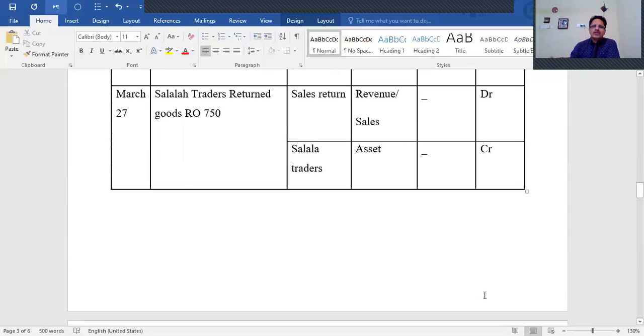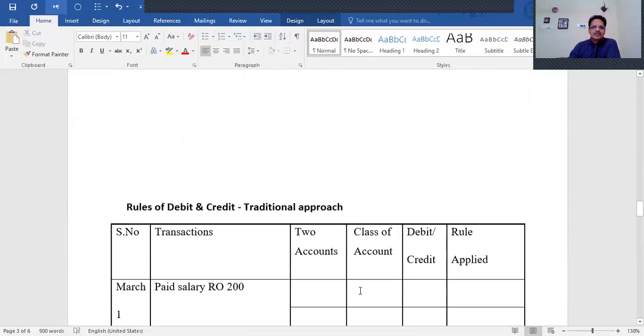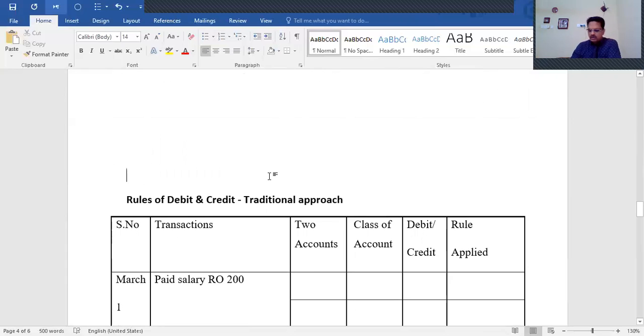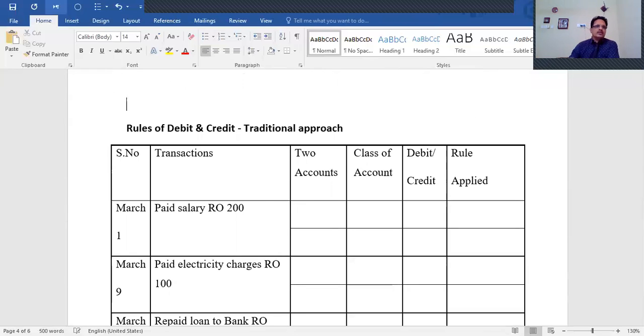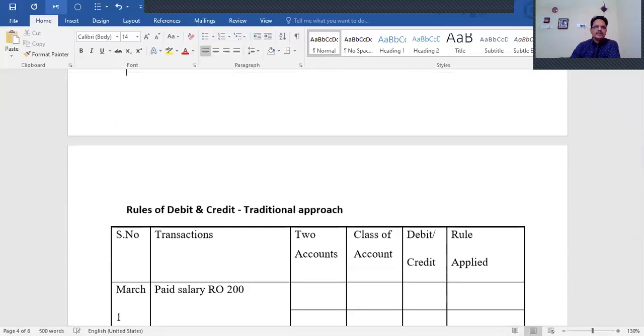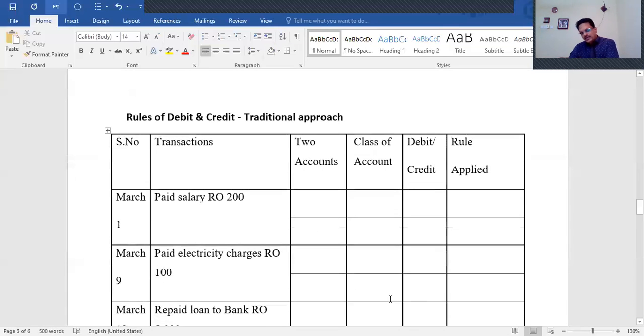We have more and more cases to do, but we'll do small questions so that you can get the clear idea. Now we have to do the same transaction by using the traditional approach. Traditional approach means you have to understand the classification of 3 accounts: personal, real, nominal.